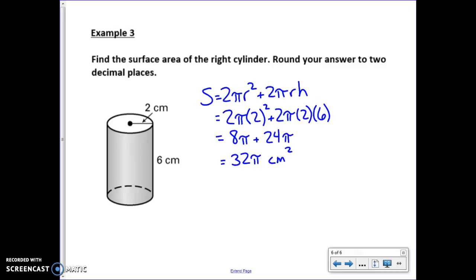It didn't, but it's good practice, and there's less you have to type in your calculator. I was able to do all of that in my head without using a calculator. But now if we type that in our calculator, we would get 100.53 centimeters squared.